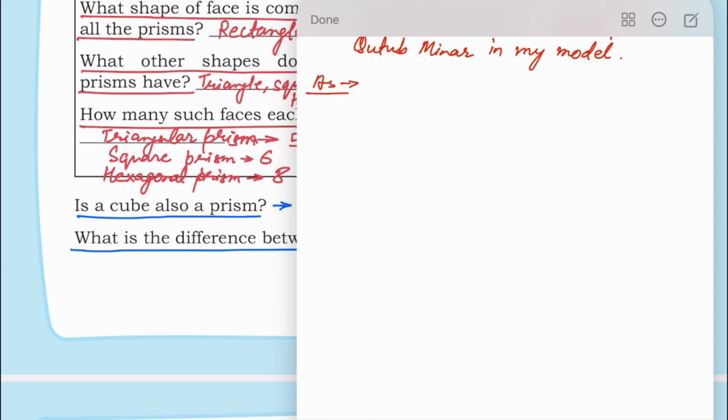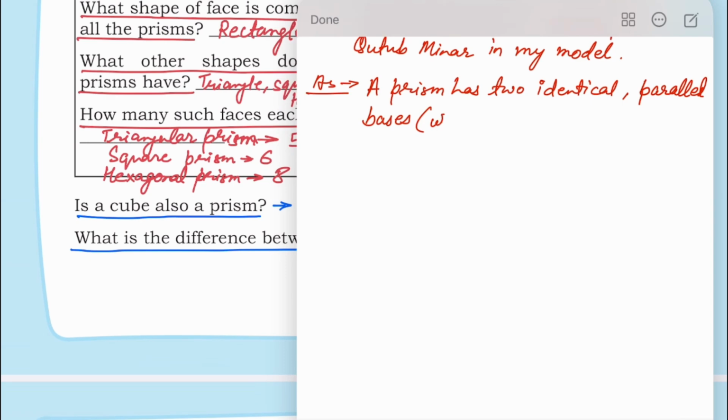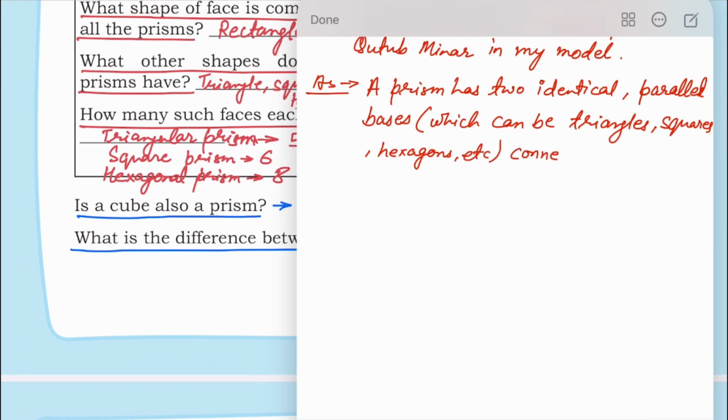Answer is, a prism has two identical parallel bases, which can be triangles, squares, hexagons, etc., connected by rectangular faces.